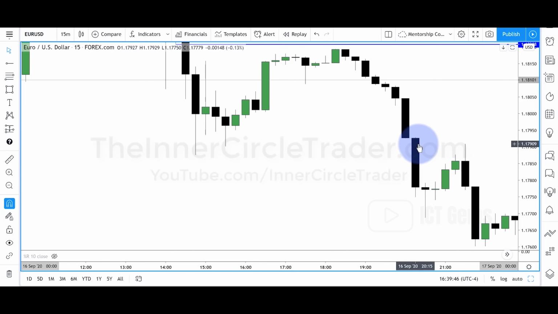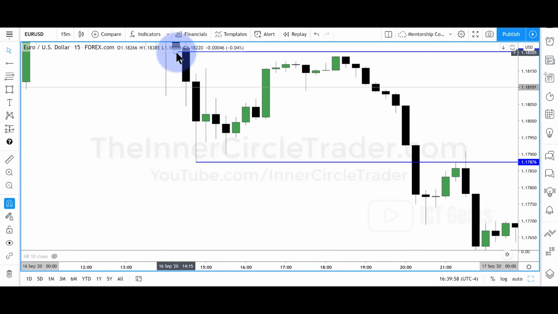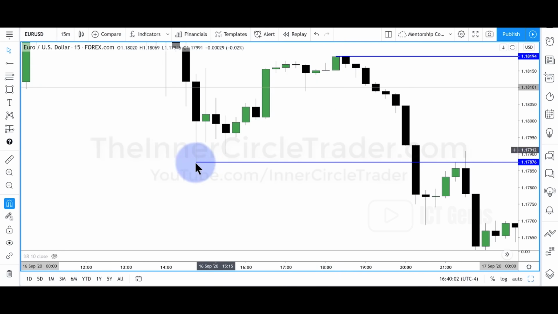Now here's a real gem, okay? This low and this high. Price has gone down, gone up, and then down to this price point right there. You see that? So all of this is a balanced price range. The market has delivered on the downside, and then it's delivered on the upside, and it's down again.